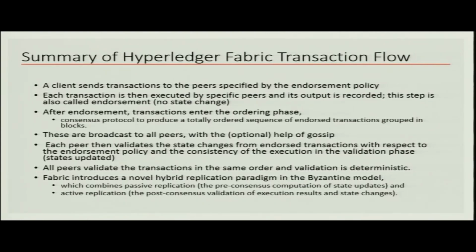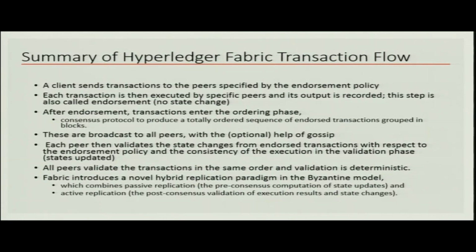The ones that are not correct will be marked as invalid transactions, and then all state changes for the valid transactions will be made, and that is what we call the states being updated. And the validation process is deterministic, because they know the endorsement policy. So, they will check whether the endorsement has been made properly according to the policy, and they will check the read write sets for the validity of the transactions.